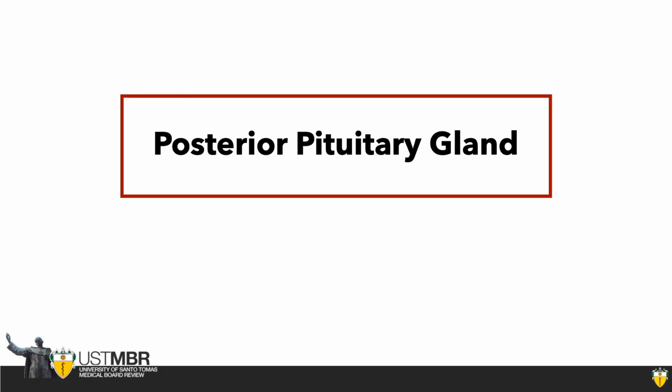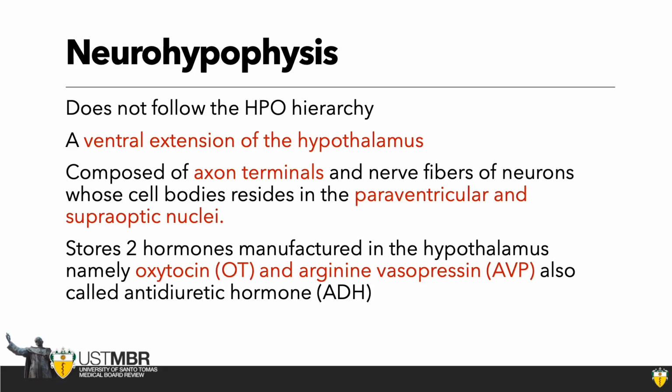So, posterior pituitary gland, very fast on this. We said it's a ventral extension of the hypothalamus. The hormones are not produced in the posterior pituitary, and the source is up in the hypothalamus, the paraventricular and supraoptic nuclei. There are two hormones, oxytocin and arginine vasopressin. The functional name is antidiuretic hormone. They mean the same. Arginine vasopressin is the biochemical name, and antidiuretic hormone is the functional name, but they're the same thing.